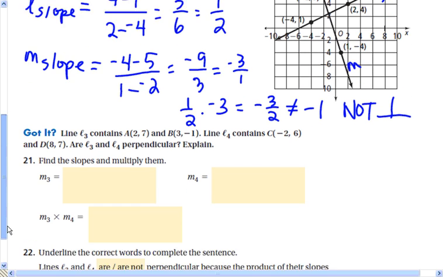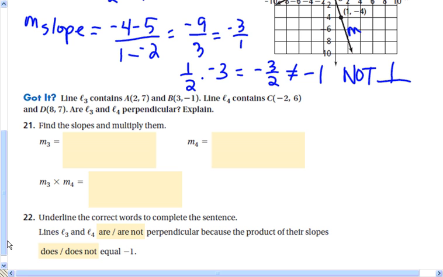All right. So line L3 contains the points A and B. L4 contains points C and D. Are L3 and L4 perpendicular? Let's check it out. Finding the slopes, we would use 7 minus negative 1 divided by 2 minus 3, which is equal to 8 over negative 1, which is negative 8.